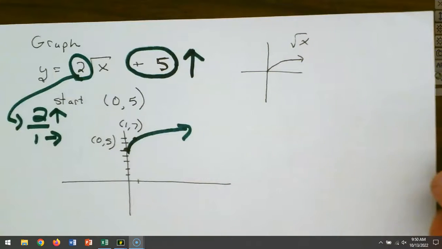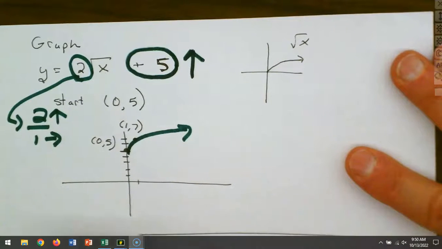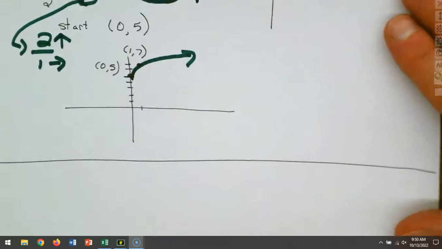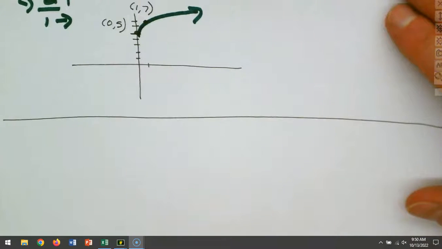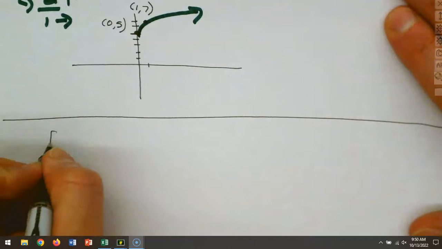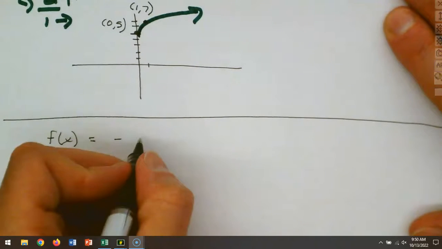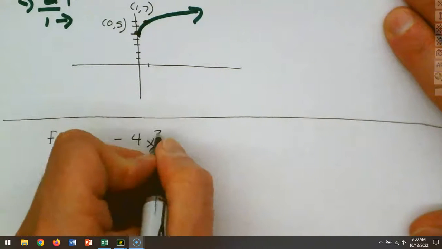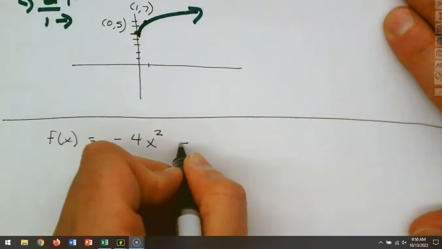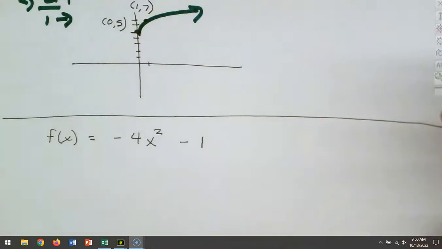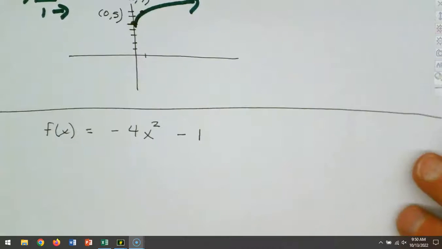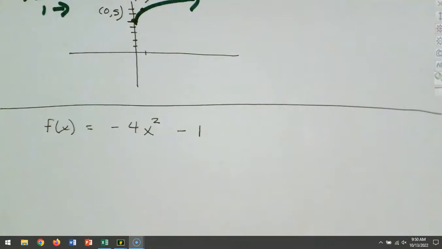Let's do another one. Let's look at a square. Okay, so what is the graph going to look like?